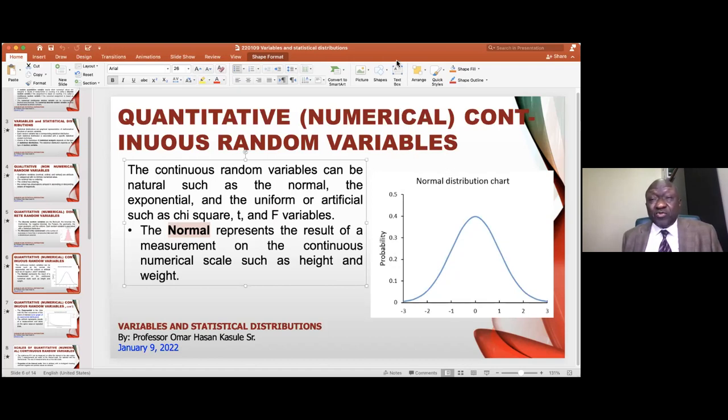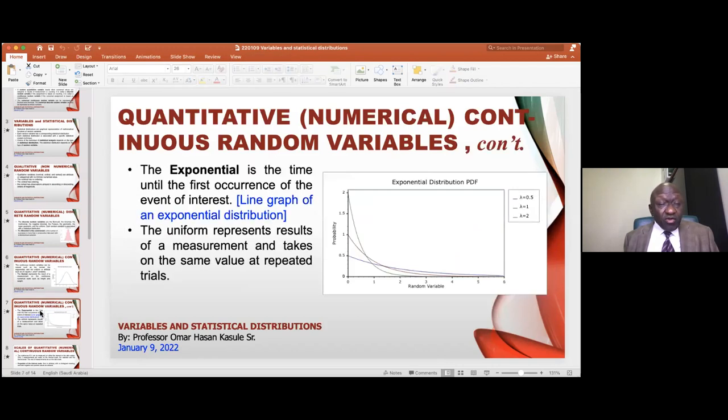Most things we deal with in life are normally distributed, like height. Most people here in the middle, that's the average height. A few people are very tall towards the end, and a few people are very short towards the end, but the majority are in the center. That's what we call a normal distribution. It's one of the constants of nature.